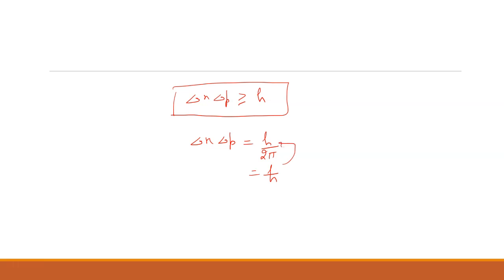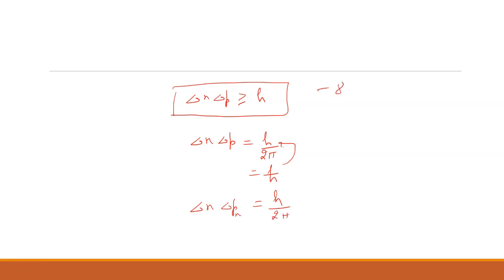Okay, as the particle is moving along the x-axis, the momentum in equation 8 of Heisenberg's uncertainty principle should be the component of momentum in the x direction. Therefore the equation can be written as delta x delta px equals h by 2 pi.